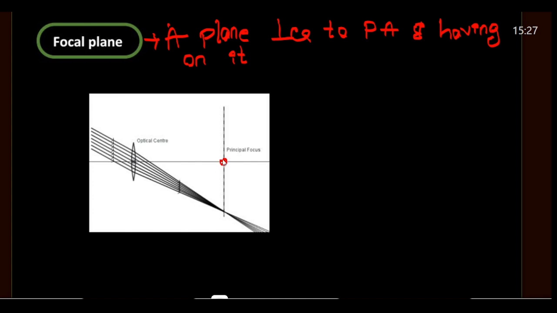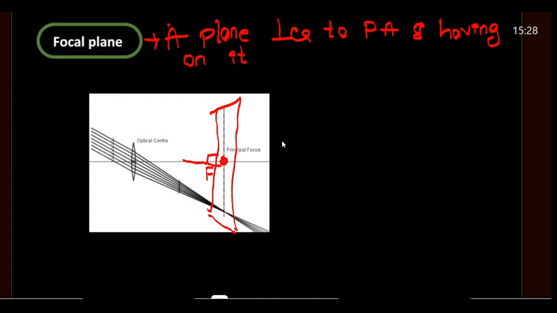So here you can see it is the focus. Because this plane is perpendicular to the principal axis and also has the focus on it, it is known as the focal plane.